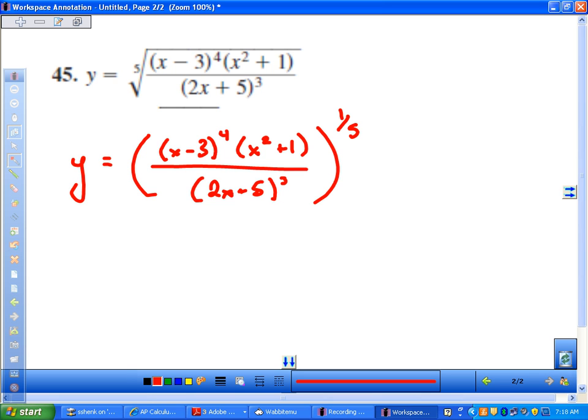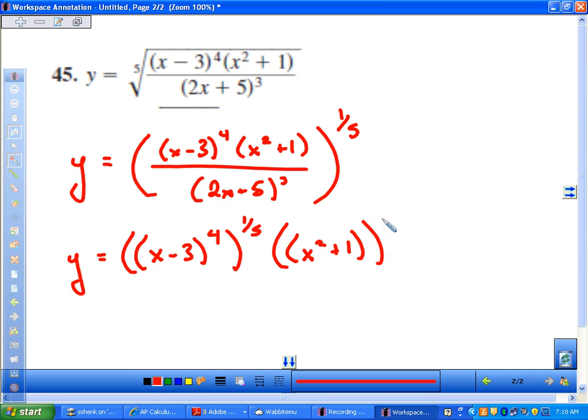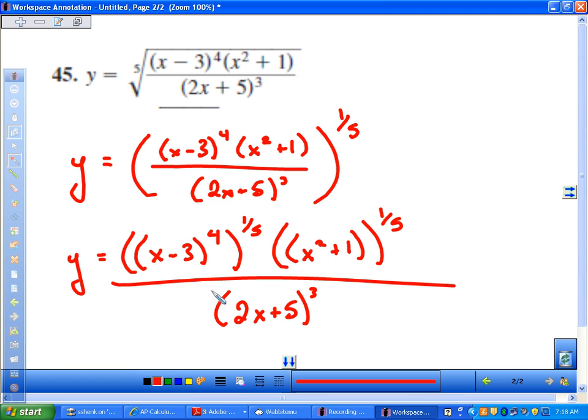All 3 of those factors are going to get raised to the 1/5 power. So this is going to be the quantity of x minus 3 to the 4th, getting raised to the 1/5 power. The quantity of x squared plus 1 is getting raised to the 1/5 power. And in the denominator, the quantity of 2x plus 5 cubed is also being raised to the 1/5 power.